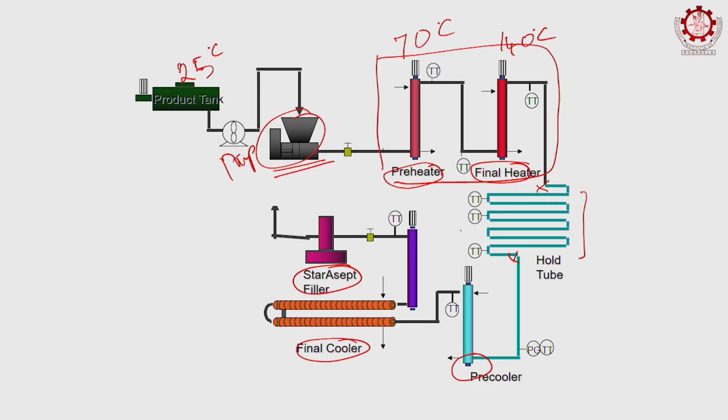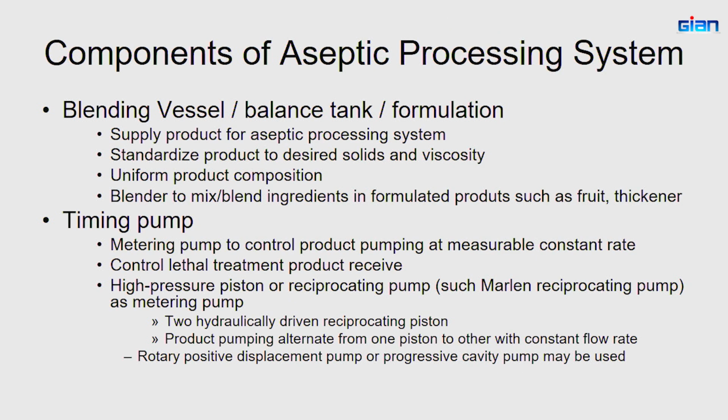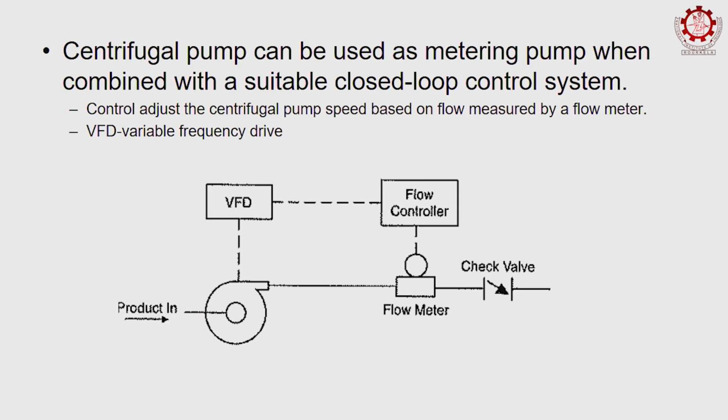If I have a variable pump, then the flow rate may vary. One time it may be 30 seconds, another time it may be 60 seconds, another time it is 20 seconds. That can put your food safety at risk. So, here you are trying to keep the consistency. That is where the positive displacement pump is used, and they call that a timing pump or metering pump, and there are different varieties of pumps available.